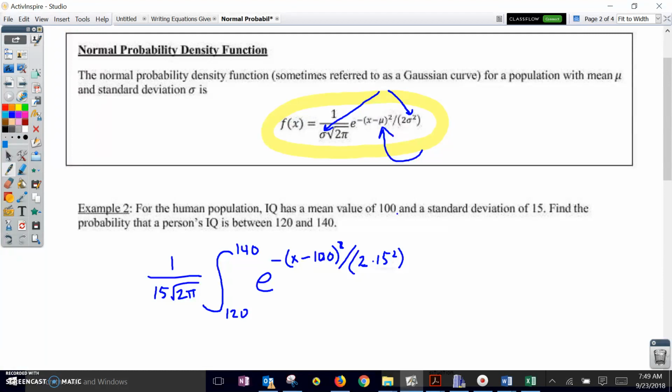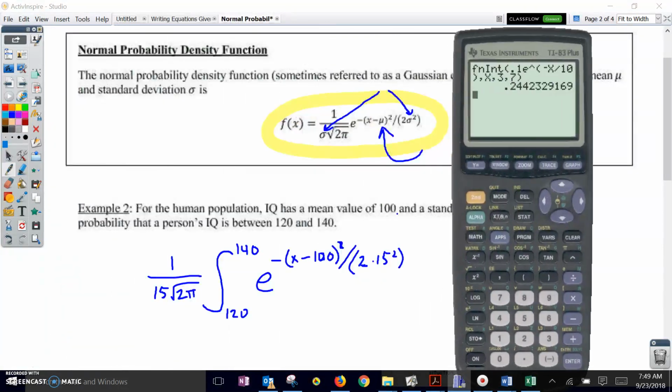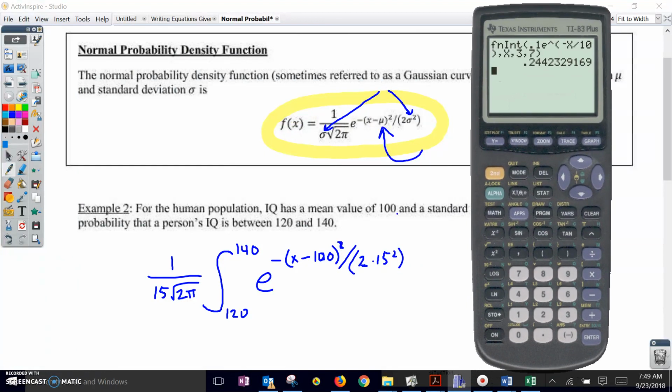And now that I've got that all set up, I can go ahead and calculate the probability thusly.